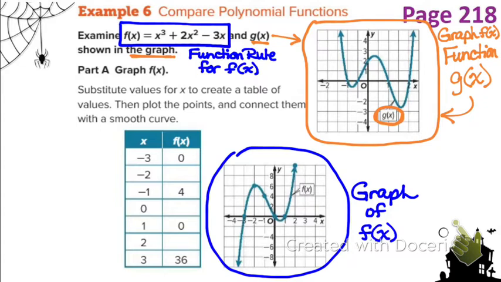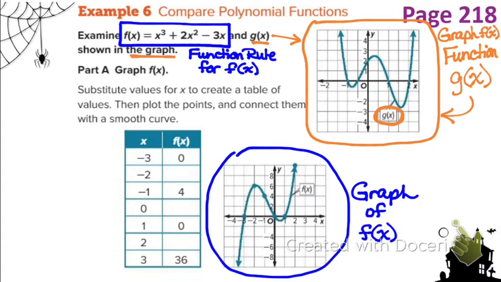Grab your yellow calculators. What are the pieces that they didn't fill in for us? What did they not fill in? They didn't fill in for x equals -2. They didn't fill in for x equals -1. Oh, sorry. 0. I pointed at the wrong thing.